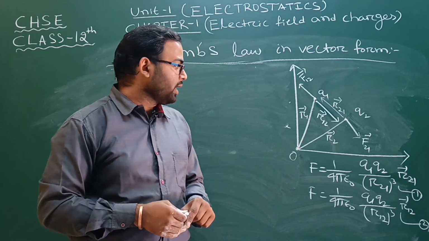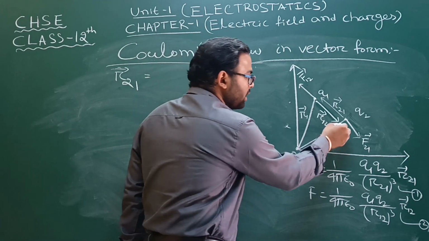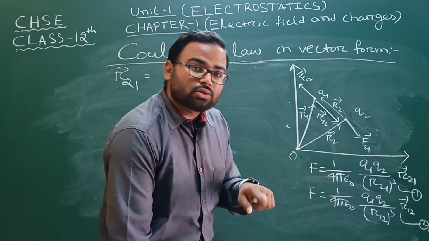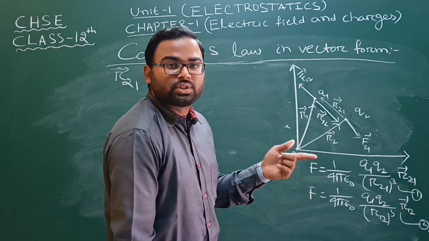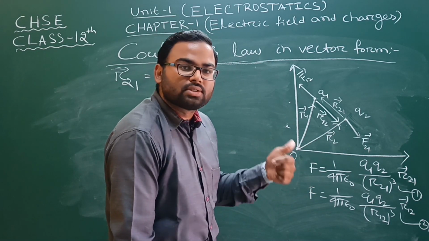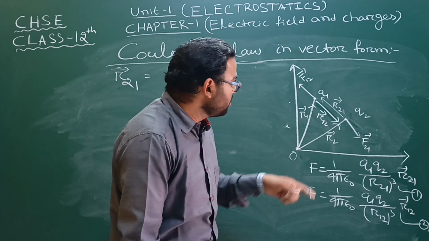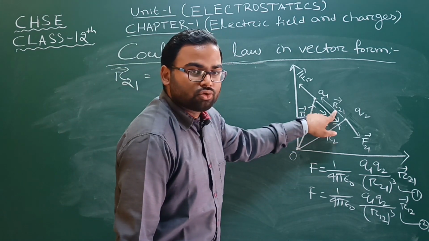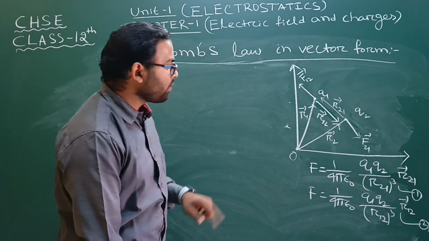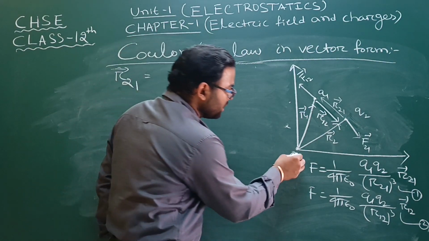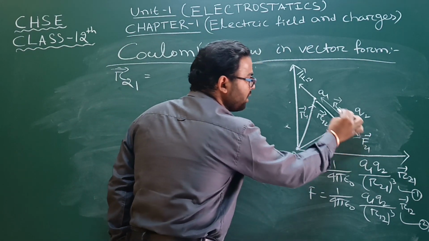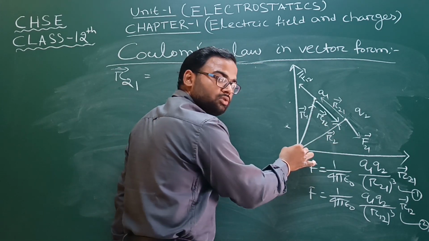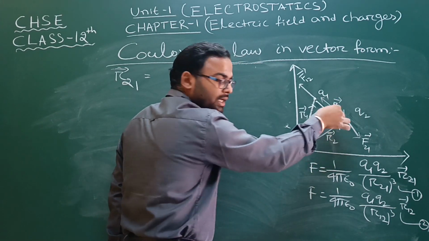Triangle law states that if two vectors are acting in the same direction, the force which opposes the two forces will be the resultant force. So now if I put triangle law for R21, what will be the value of R21? See, the direction of R2 and R21 is the same, and R1 is opposing these two vectors.